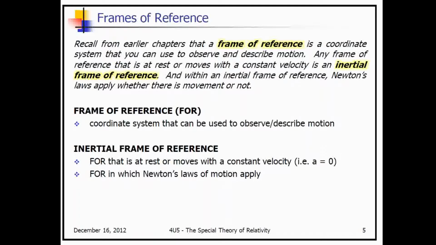If we have a frame of reference that is not moving, that has an acceleration of 0, or we have a frame of reference that has a constant acceleration, it's easy to calculate what's happening in terms of how velocities change, how distance can be determined based on velocities.